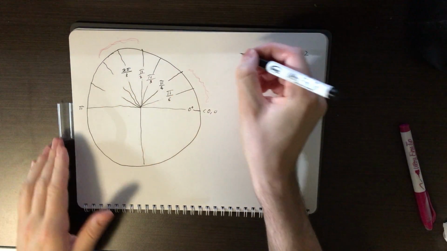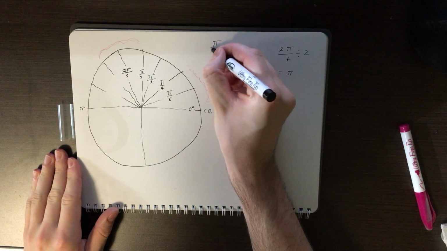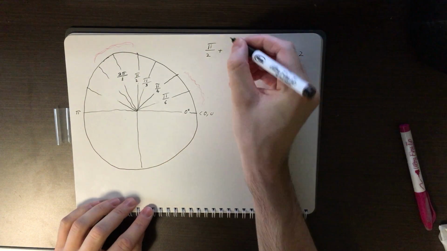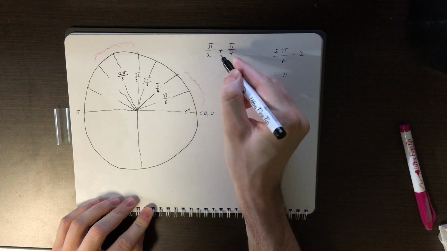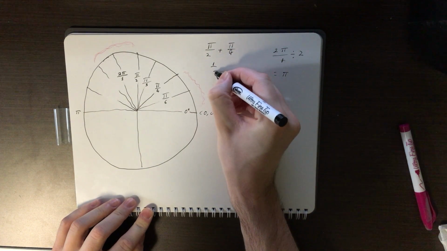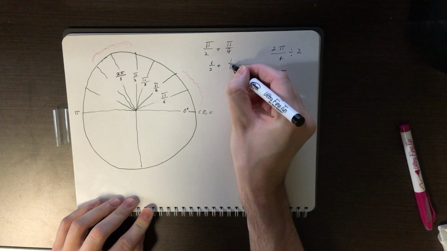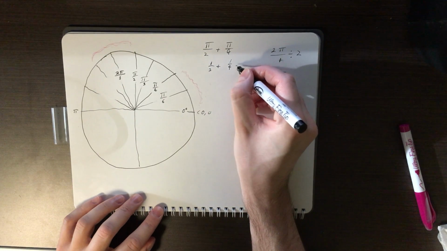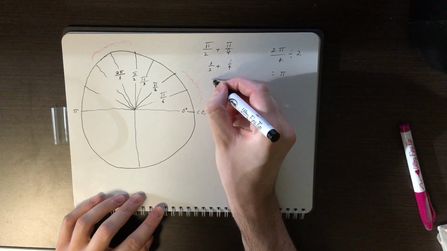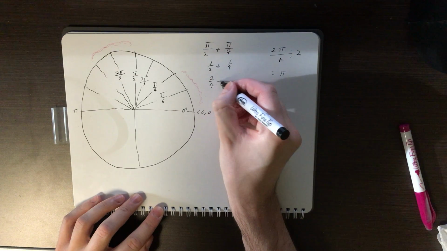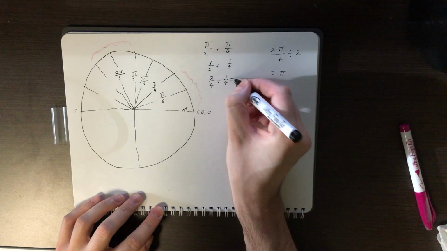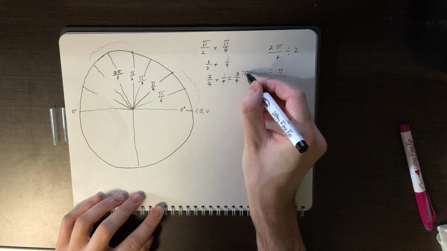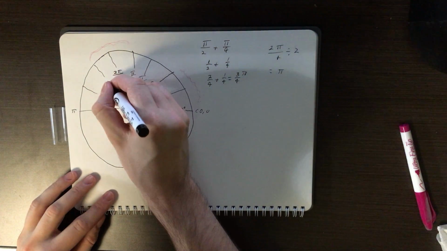Alright, so now I can say pi over 2 plus this section, which is pi over 4. Let's ignore the pi's, so we say 1/2 plus 1/4. Doing the lowest common denominator, you'll have 2/4 plus 1/4, which is 3/4. And like I said, you tack on the pi at the end. So now we have here 3/4.